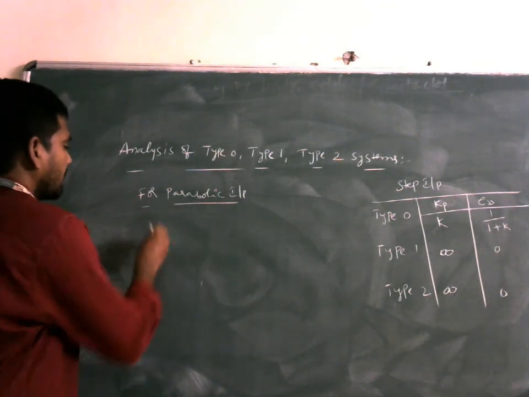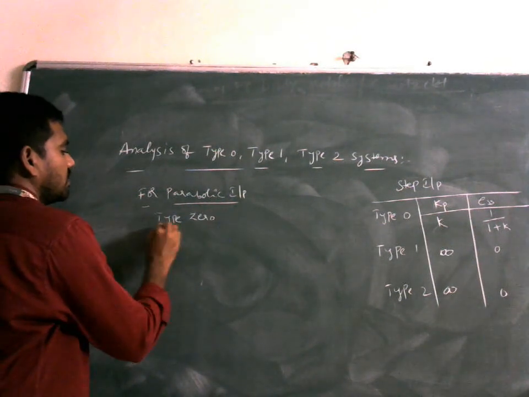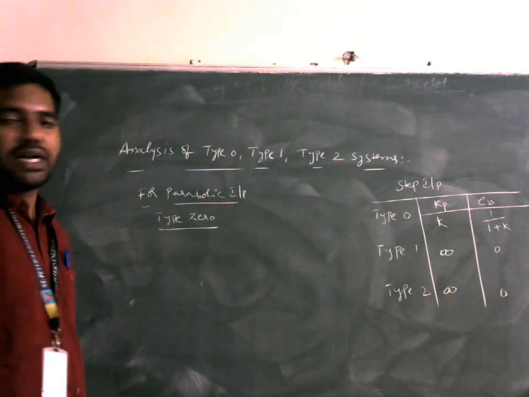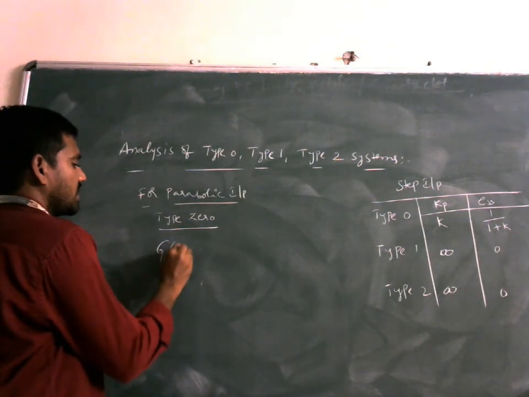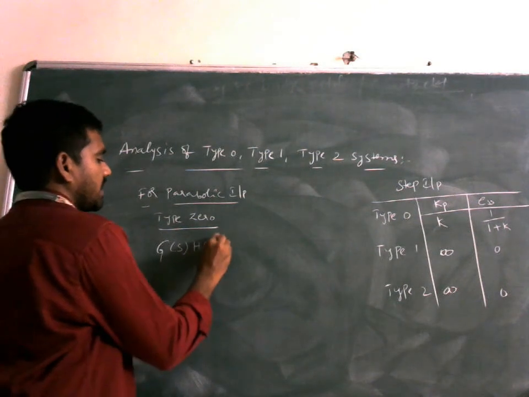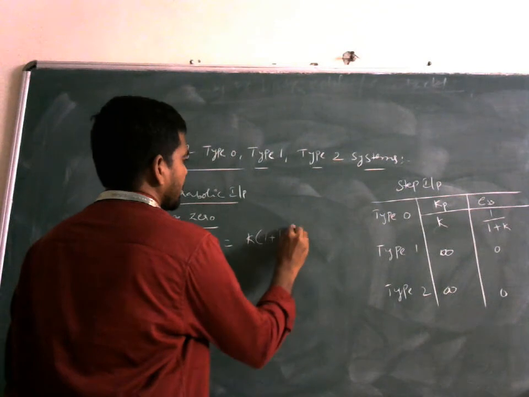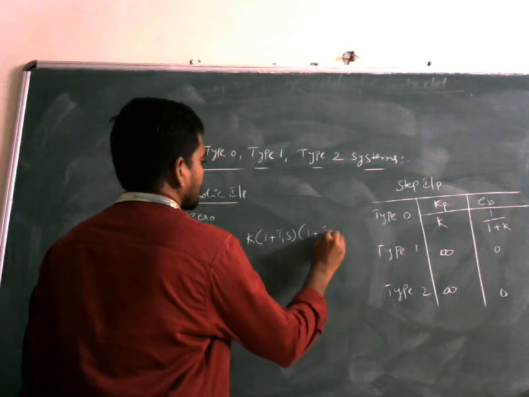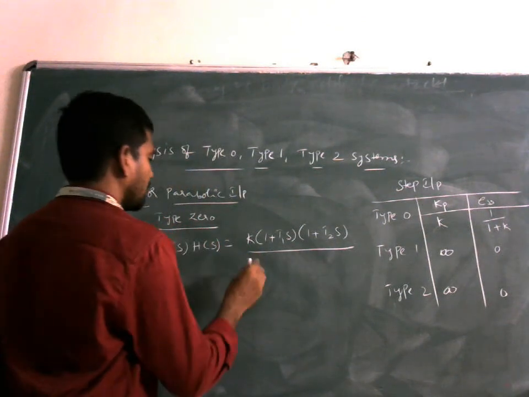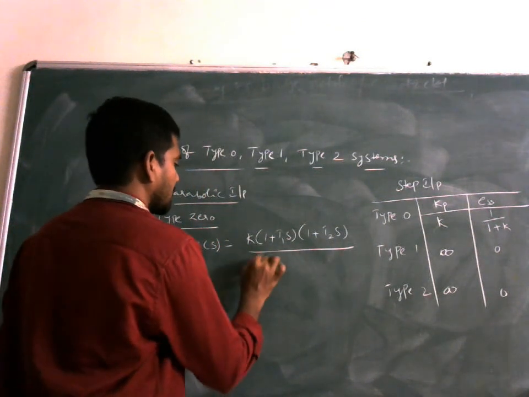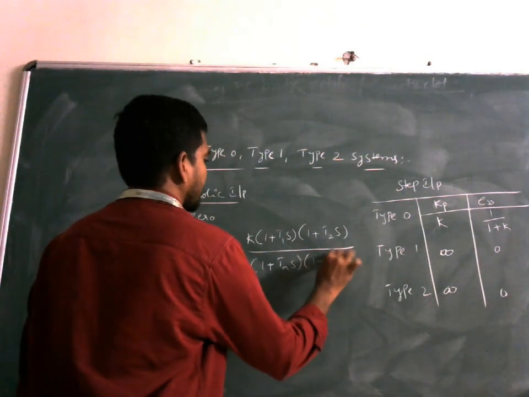First, type 0. Type 0 is nothing but G of s into h of s is equal to K into (1 plus T1s) into (1 plus T2s) whole divided by (1 plus TAS) into (1 plus TBS). Type 0 means there are no poles at the origin.